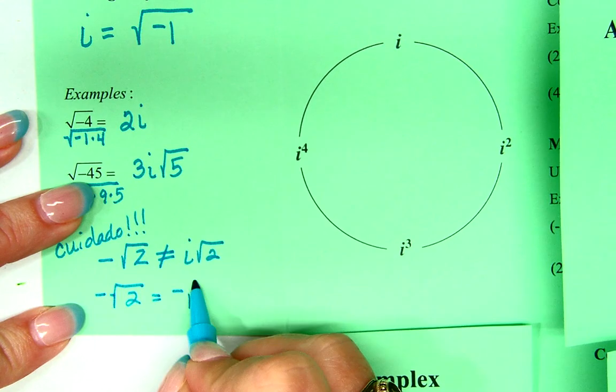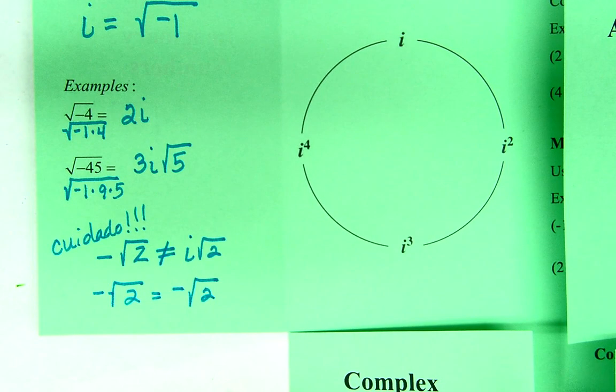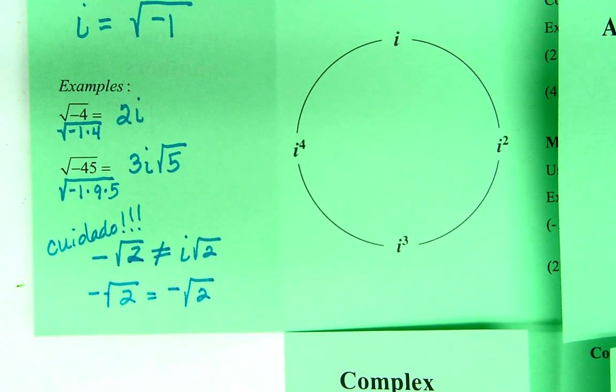It just equals negative square root of 2. Where do we care about where the negative is? If it's inside, that's exactly right. If it's outside the square root, we know what to do with that. We've done it for a long time, right? But if our negative is inside the square root, that's when we get the i, the imaginary unit.